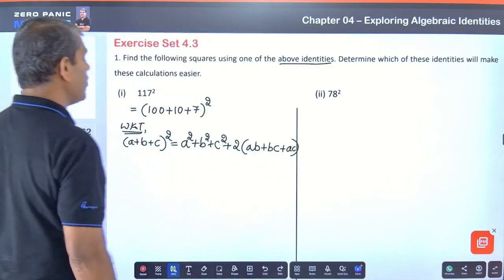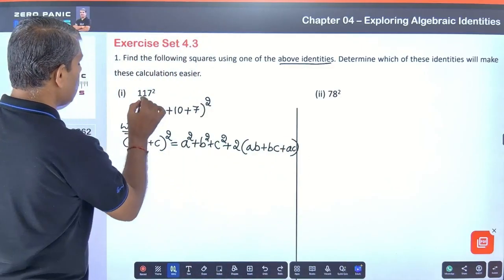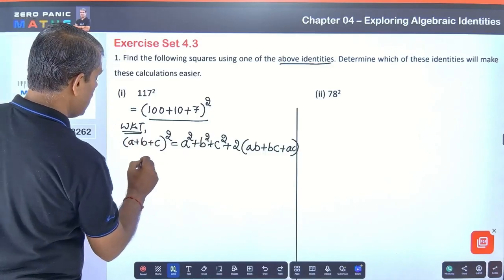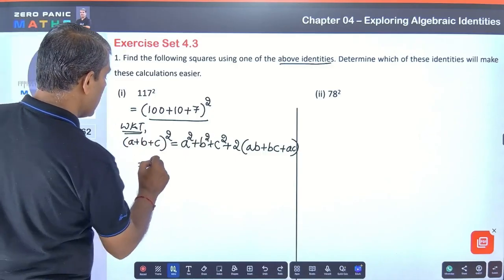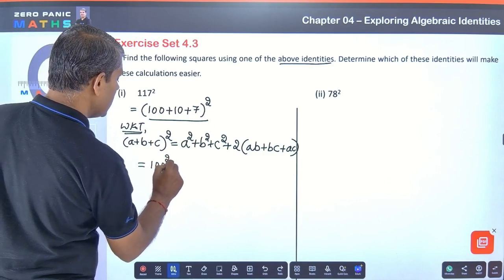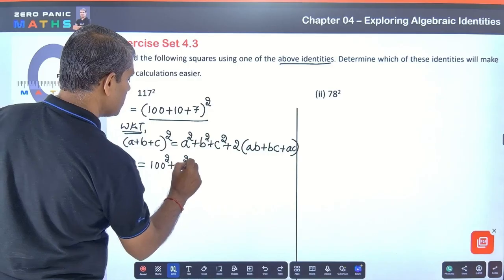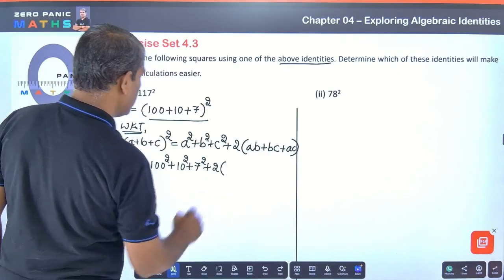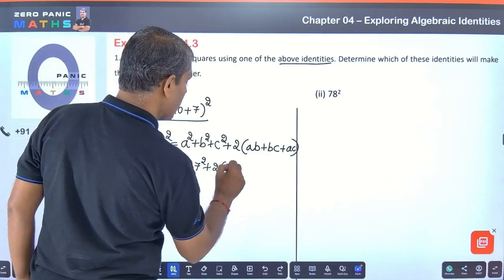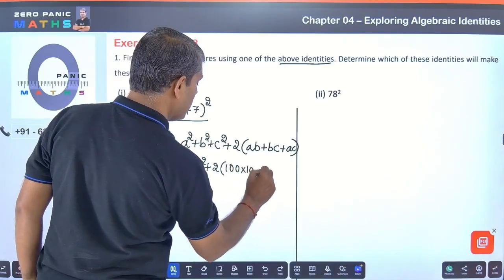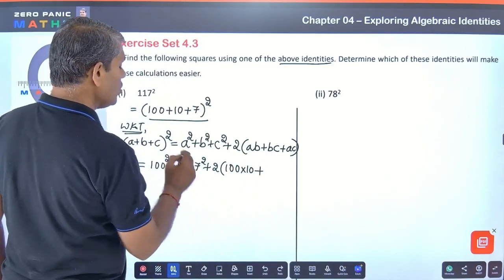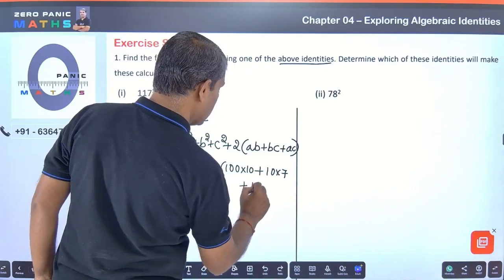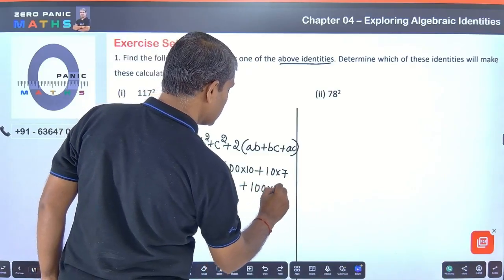So this is the formula we are going to use here, and we have already written the left side part, (a plus b plus c) whole square, and that is equal to 100 square, which is a square, 10 square, which is b square, 7 square, which is c square, and 2 times of 100 into 10, that is ab, plus 10 into 7, that is bc, and finally 100 into 7, that is ac.